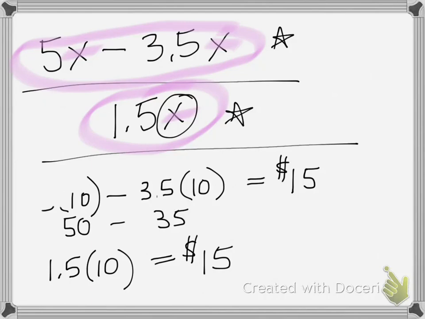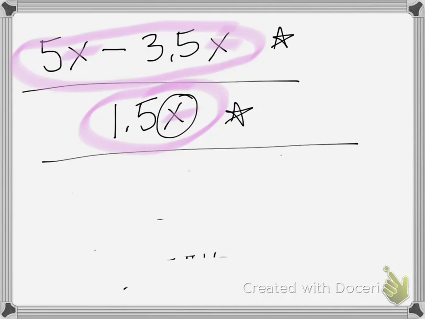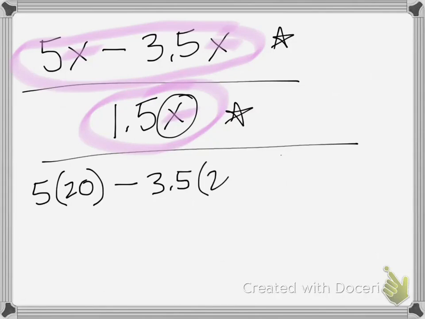So we saw that 10 worked. We can prove this by using another number. How about we say 20? Let's substitute 20 in for x. That would be 5 times 20 minus 3.5 times 20.